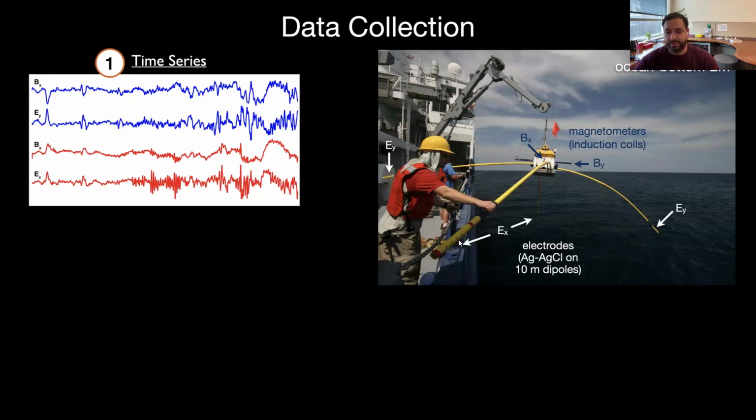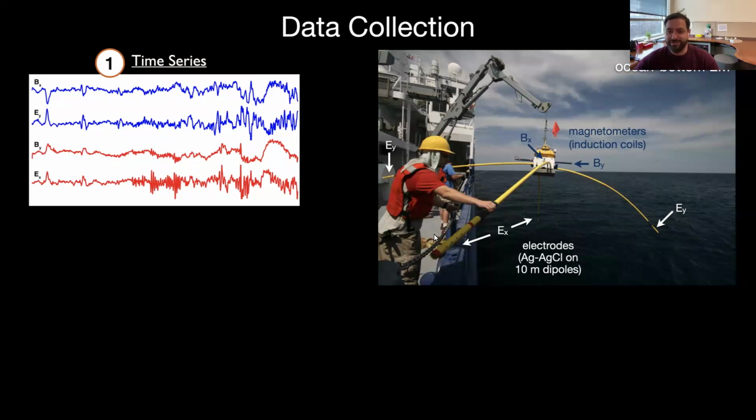These are on 10-meter arms, and that's because the larger the separation distance you have, the larger signal you have, and then you can get electric field simply by taking your voltage reading and dividing it by the separation distance of your electrodes, since the electric field has units of volts per meter. And so the longer we can make this, the better our signal to noise ratio effectively is.